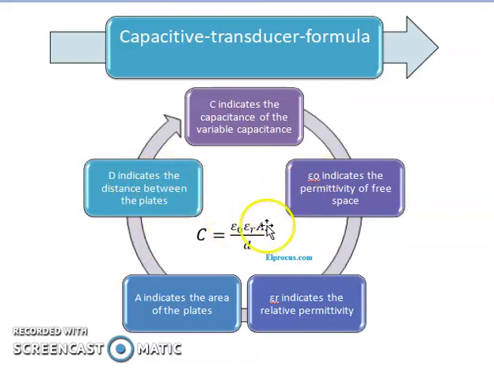When the area is increased, the capacitance also increases, and when the distance is decreased, the capacitance is increased. That is, capacitance is directly proportional to the area of the plate and inversely proportional to the distance between the plates.